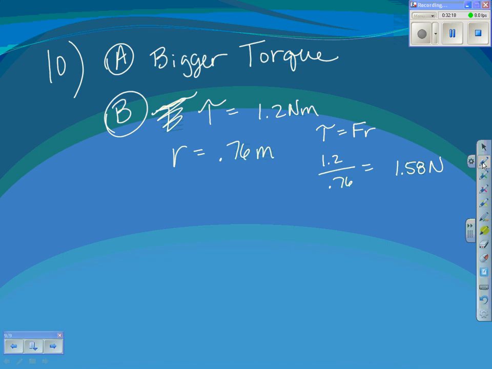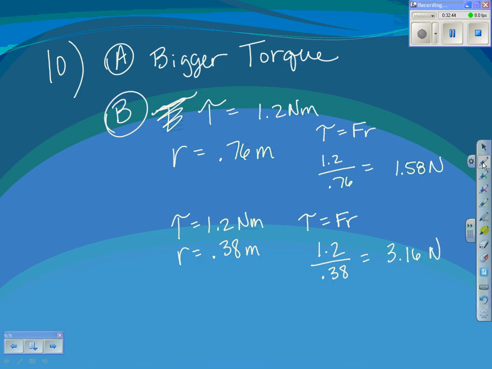All right. Now, if we say that we have the same amount of torque of 1.2 Newton meters, but now we've put the doorknob at 0.38 meters, what's the force required? So force equals torque divided by radius. So we have 1.2 divided by 0.38, which equals 3.16 newtons.